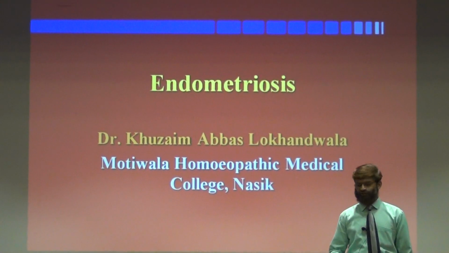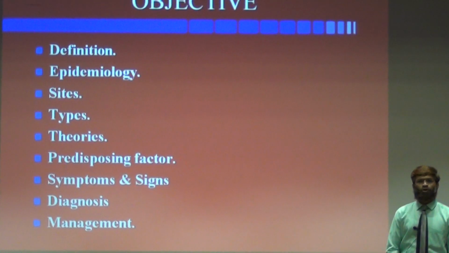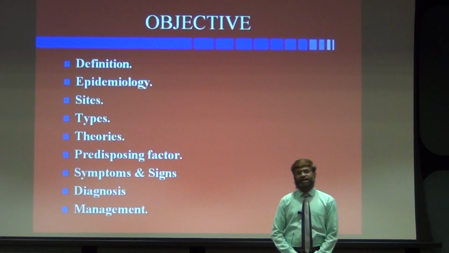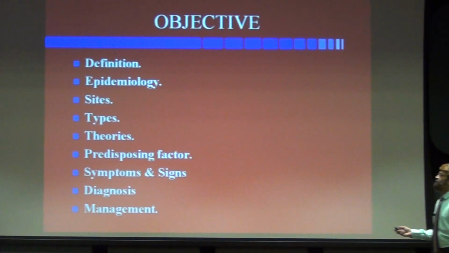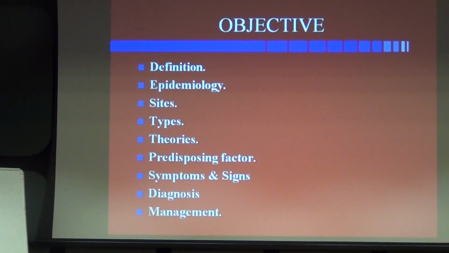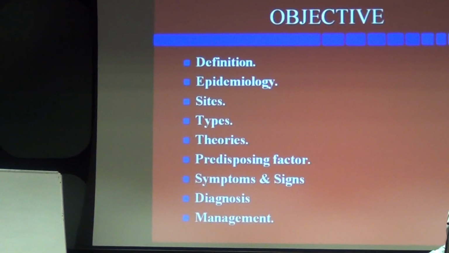Now what is endometriosis? Before we get into detail, let's talk about our objectives for studying endometriosis today. At the end of the class, we'll be able to understand the definition of endometriosis, the epidemiology, the sites where endometriosis can occur, and the types of endometriosis.